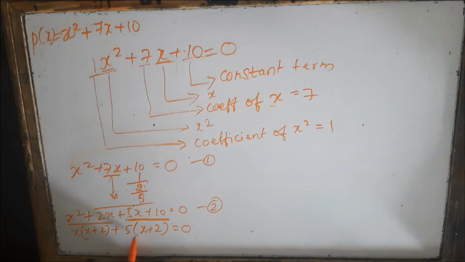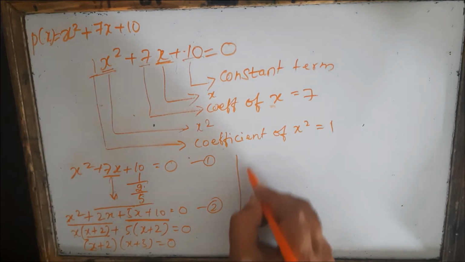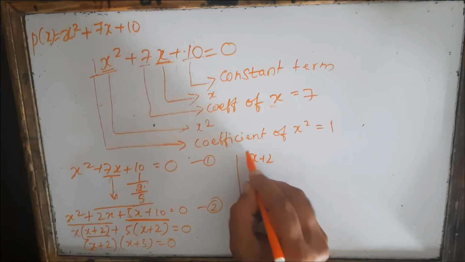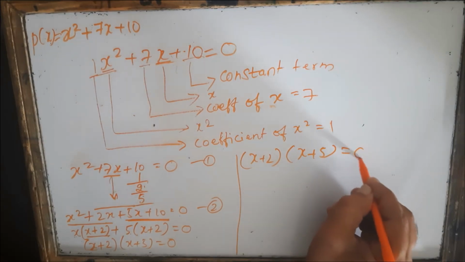Now we take x plus 2 as common, then we remain with x plus 5 is equal to 0. Now we have x plus 2 times x plus 5 is equal to 0.